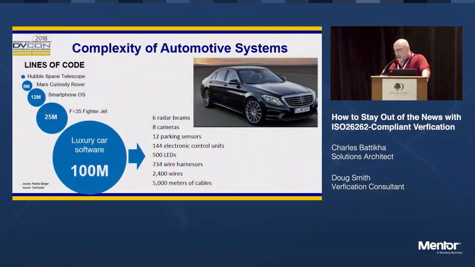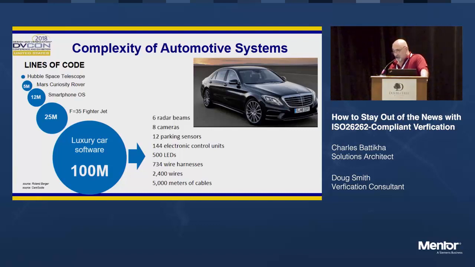Matter of fact, the car is becoming one of the most complex systems that we have, outstripping things like jumbo jets and jet fighters in terms of the overall complexity of the system that the car presents.